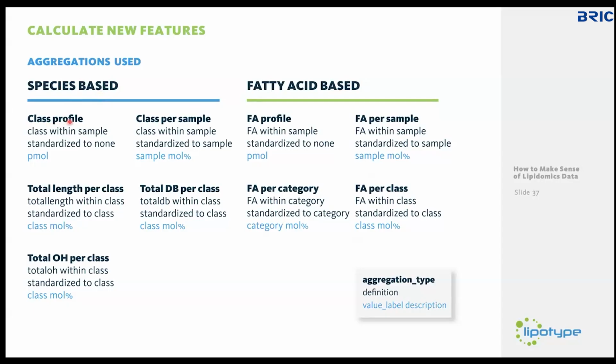For a class profile, for example, we would sum up all lipids within a sample that have the same class. If you don't standardize and just take the picomole values, this is what we call the class profile. If, in addition, we standardize it by the total amount of lipids, then we get the class per sample profile.